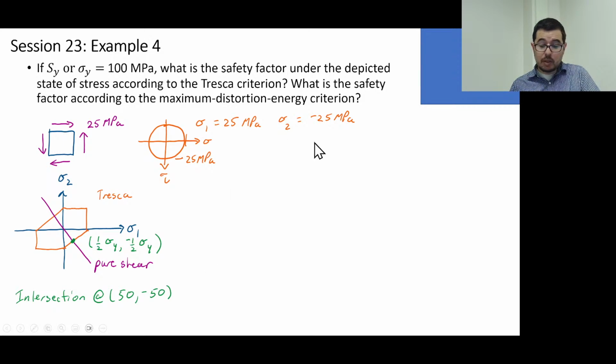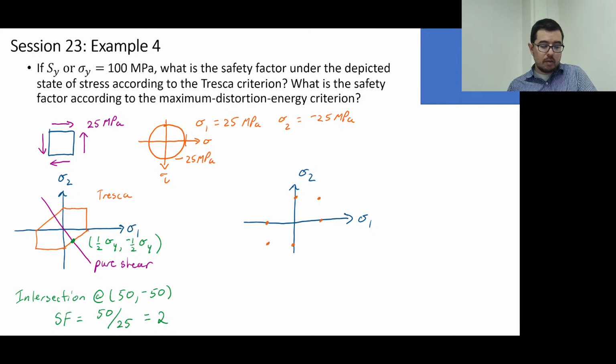So we see sigma 1 is equal to this, sigma 2 has got to be equal to that. So what's the safety factor going to be here? It's going to be 2, just like that, right? We're essentially moving from this point right here to this point right here.